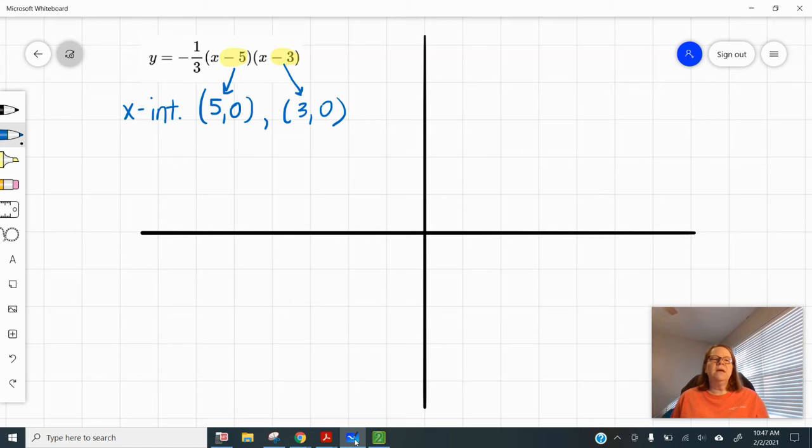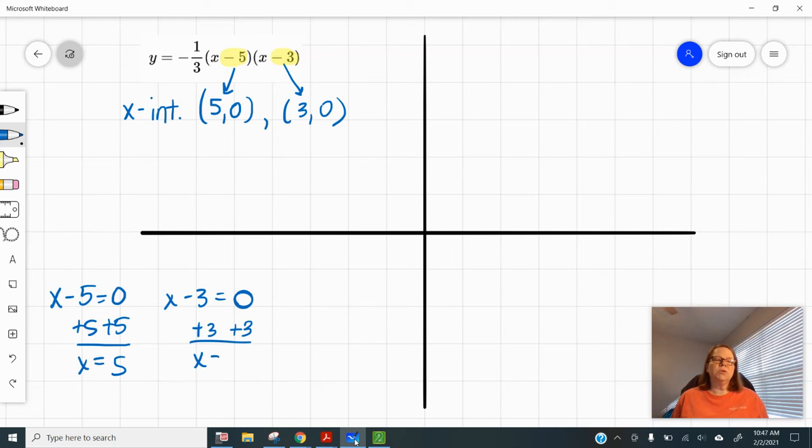If we were to solve x minus 5 equals 0 and x minus 3 equals 0, like when you had to factor, get down to these factors, set them equal to 0 and solve, if we add 5, we get x equals 5, and if we add 3, we get x equals 3. So that's where that comes from.